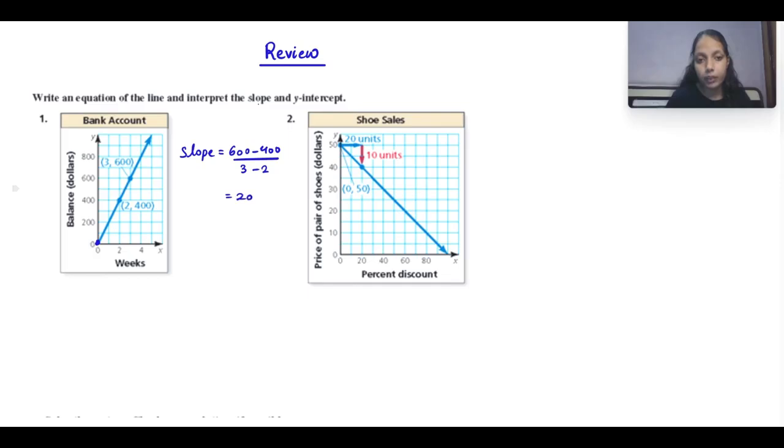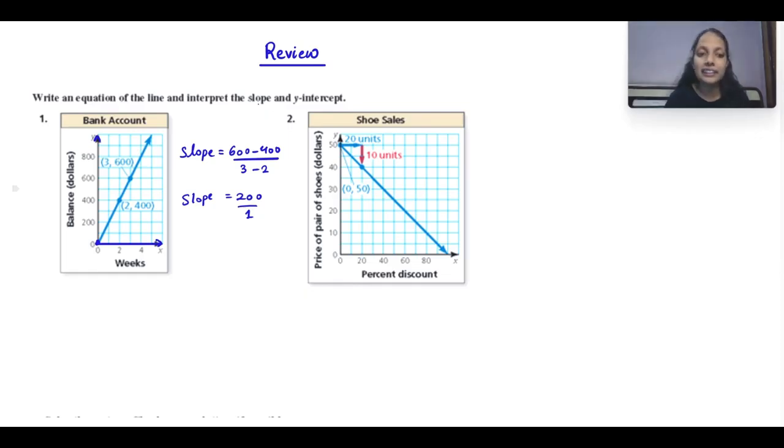I'm getting 200 over 1. So the slope is 200. What is the meaning of the slope here? Here the x values are weeks and the y values are the balance. So that means the balance is increased by $200 every week.